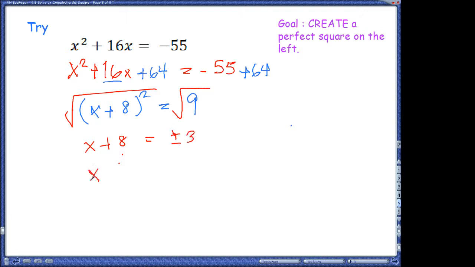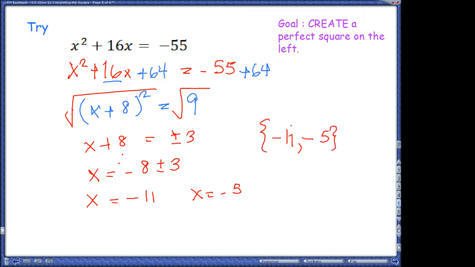Then you subtract 8 from both sides, you get minus 8 plus or minus 3, which gives us x is equal to negative 11 or x is equal to negative 5. So your answers are negative 11 comma negative 5. You can pause the video now and we shall do part B soon.